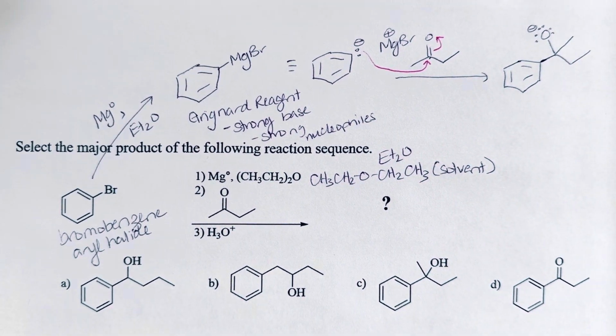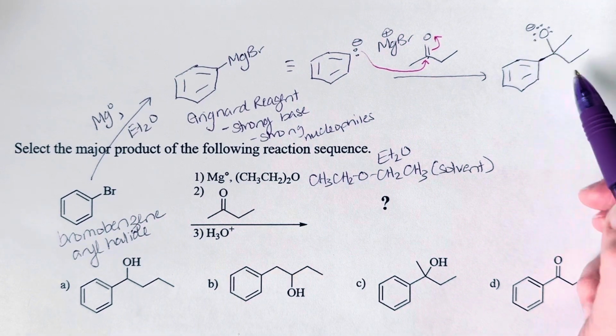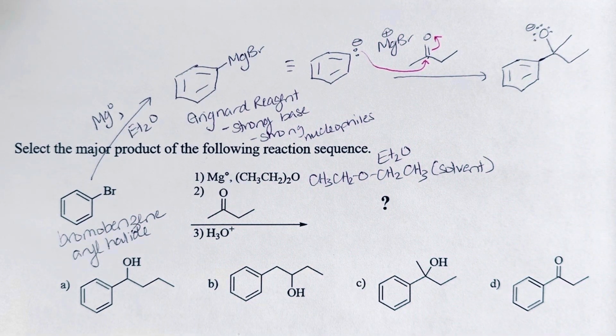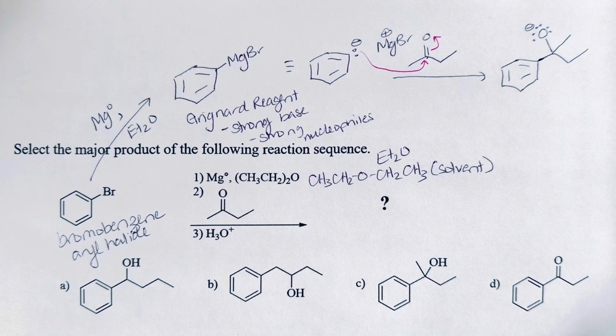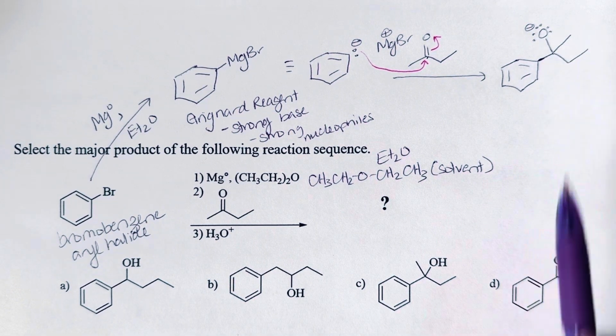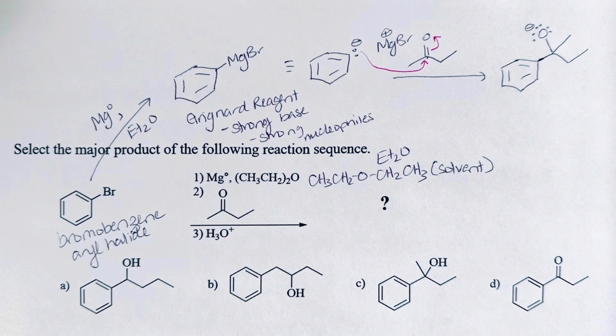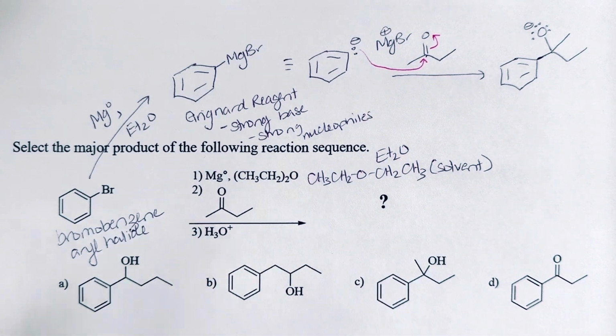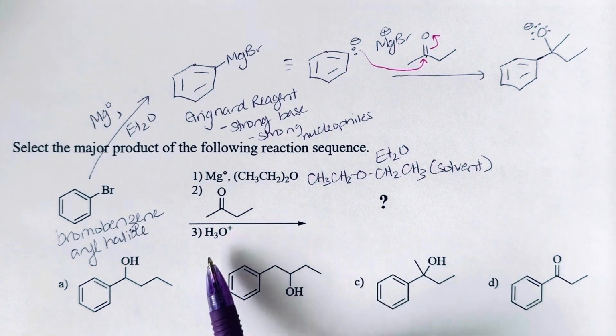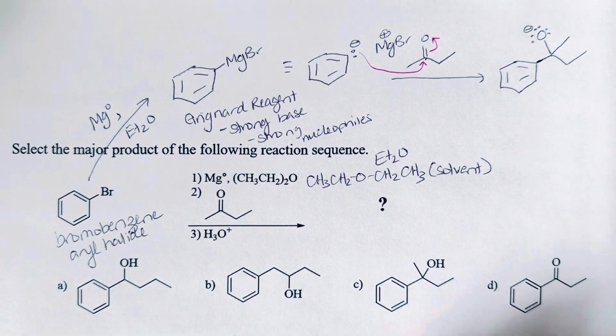And now in past reactions of carbonyl compounds, sometimes we've seen that these electrons will come back down and push off a leaving group. For something to be a leaving group, it would have to form a relatively stable base. All of these are carbon species, so they would make a really strong base. So there is nothing that's going to leave here. This will just sit and wait until in the next step we add in that proton source.